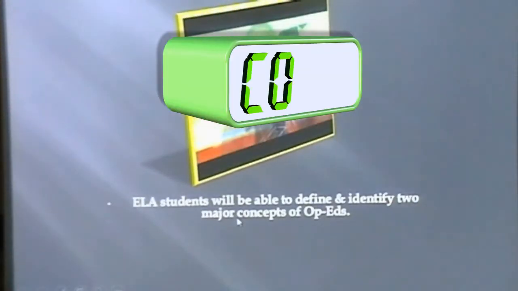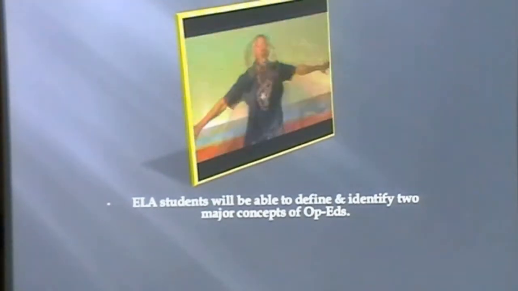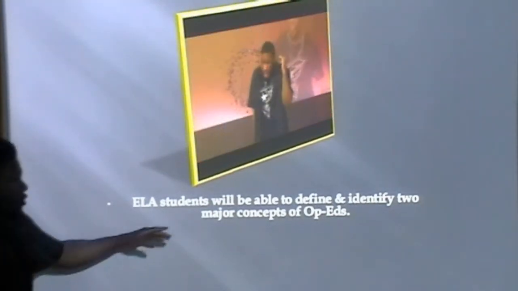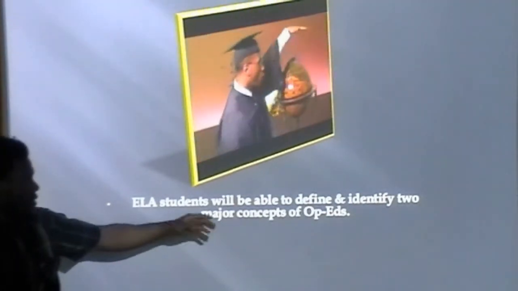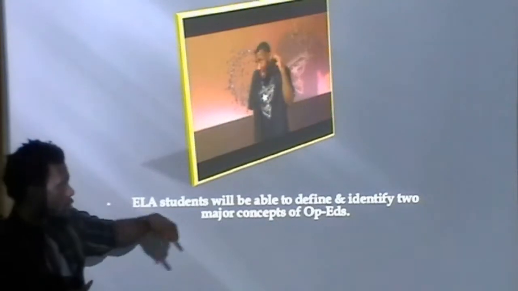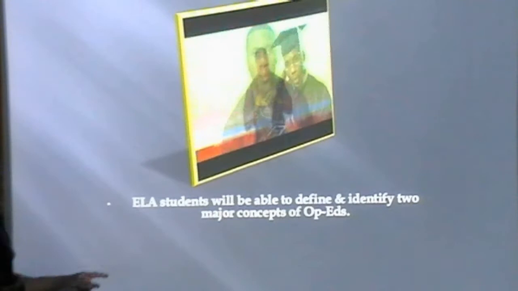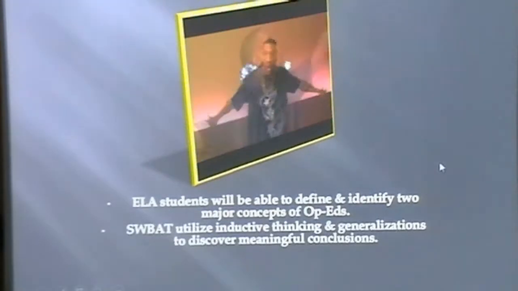Here are your objectives. ELA students will be able to define and identify two major concepts of op-eds. So really all I want you to write down on your paper, and you can write this on the back of your paper, is: define and identify two major concepts of op-eds.